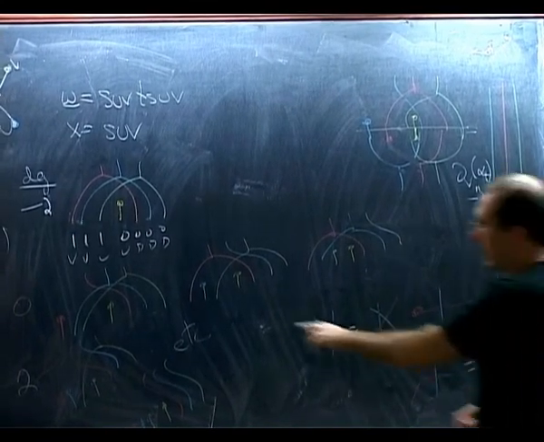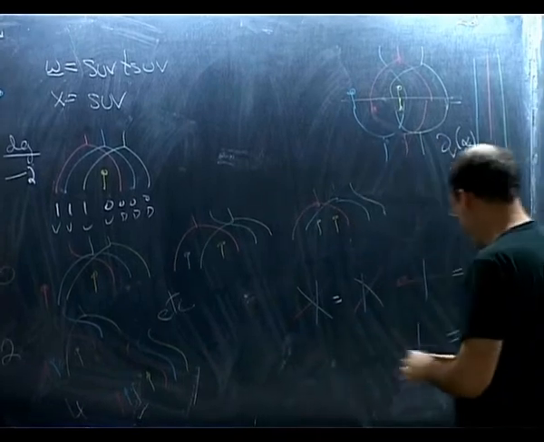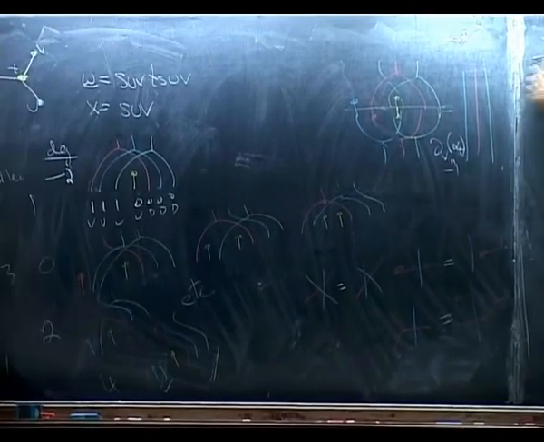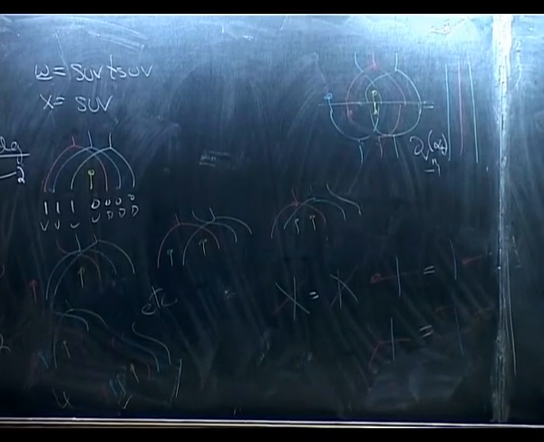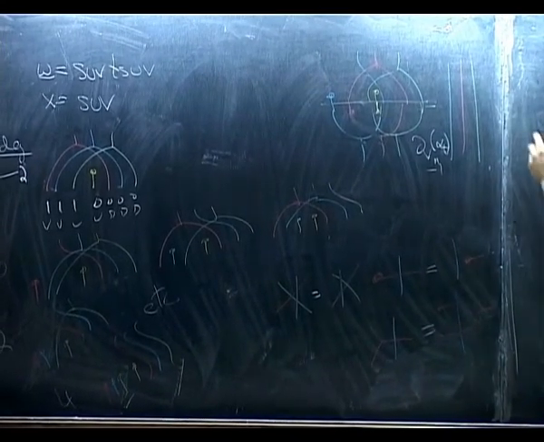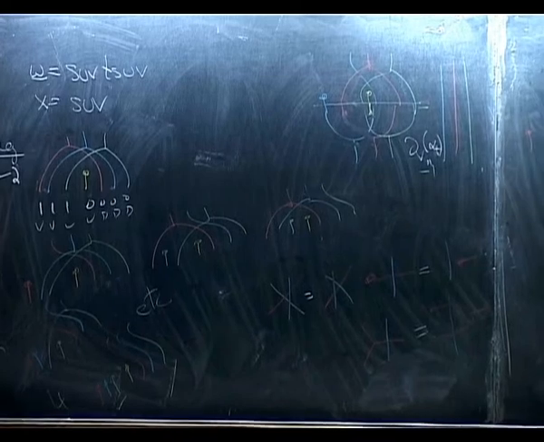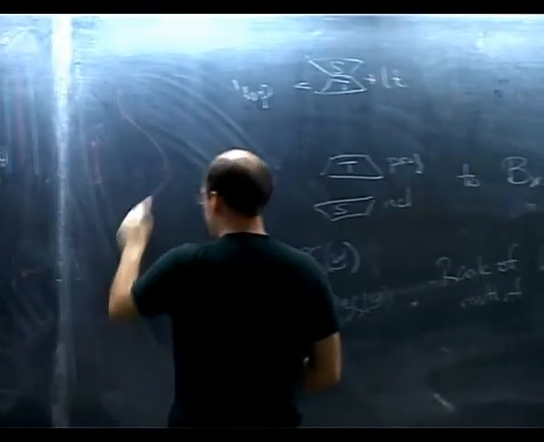However, when I pair this guy against himself, what do I get? That's a new calculation. I'll do the colors correctly this time. So here's the top, here's the bottom.